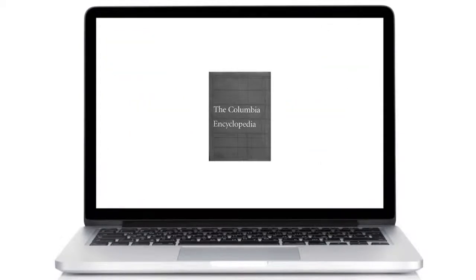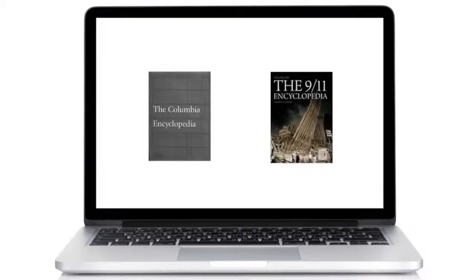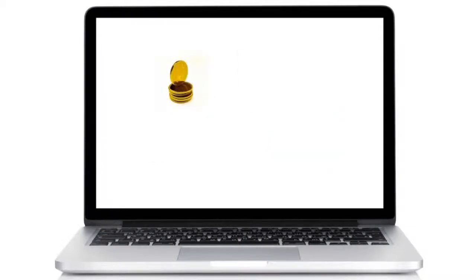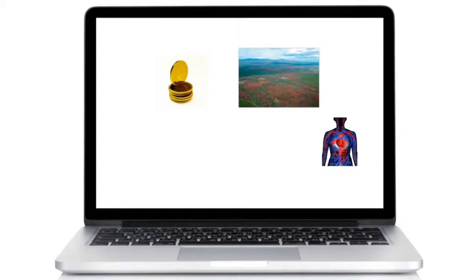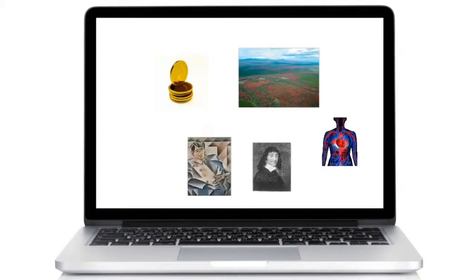Like dictionaries, encyclopedias can be general or oriented toward a specific field or subject. You may find encyclopedias on economics, the environment, the human body, periods in literature, art, or just about any area of knowledge. The encyclopedia may be focused on a subject, but it is meant to be as comprehensive as possible within the bounds of that subject.